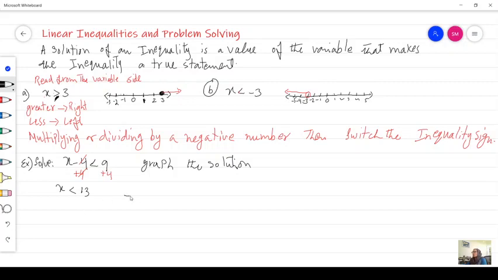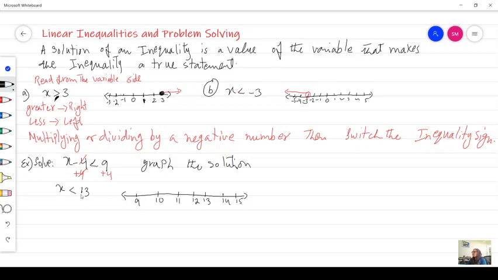So I draw a number line, and since they want us to graph it, I'm starting with 9. I have 10, 11, 12, 13, and I have 14, and I have 15.